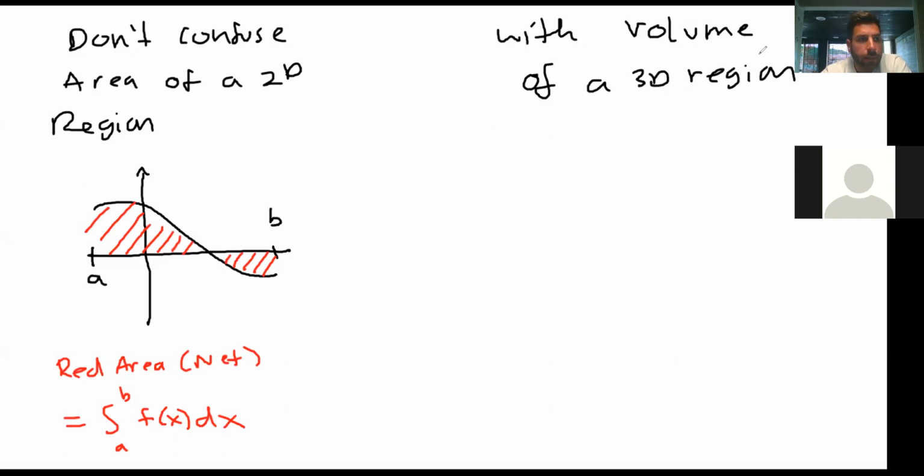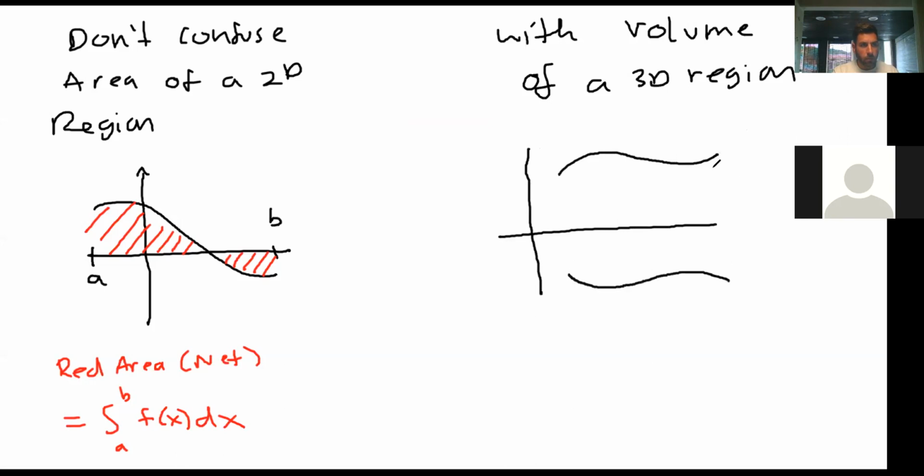If I'm talking about a volume like in the previous problems, I have to draw a more detailed picture. If I have some curve and I rotate it, this solid is generated by rotating something.